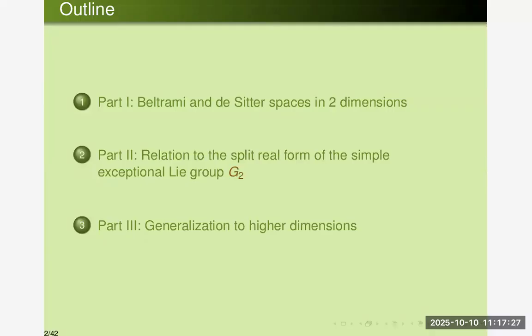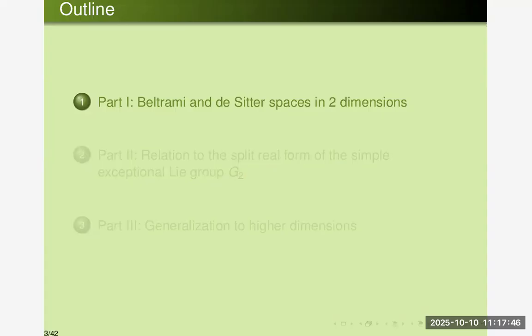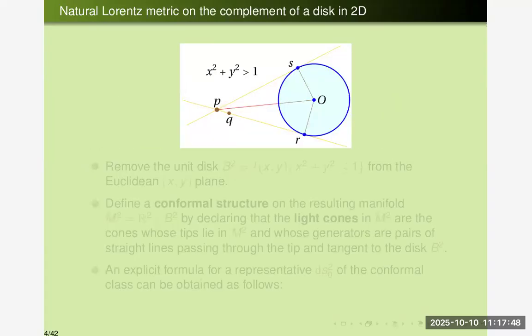Okay, so my first part is just how to view the de Sitter space. And this point of view, I learned it from a Mexican friend, Gil Bor. He told me this, and I would like to show you this because it's actually a very beautiful thing. So imagine that you have a 2-dimensional plane.